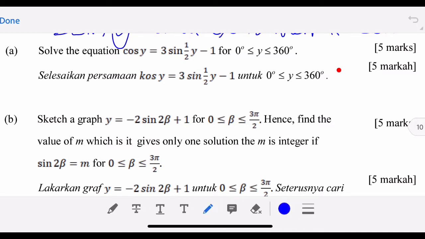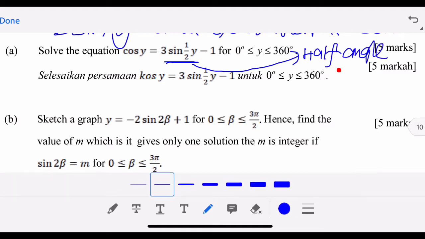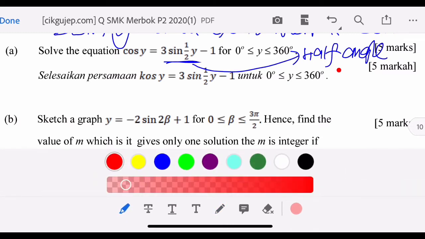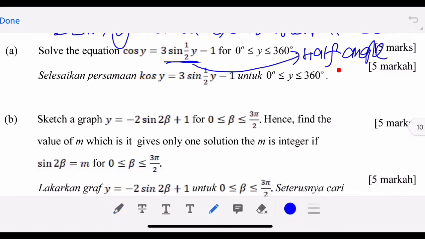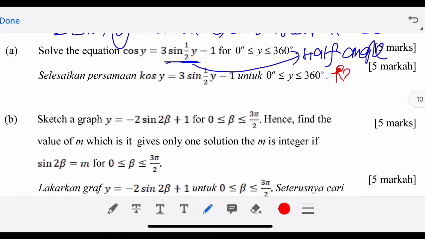Am I right? So I just want to clarify with you, actually you need not be scared of trigonometric functions. It's actually quite a robotic question, so you keep on practicing. The half angle formula is not so familiar to you because you seldom use it, alright?